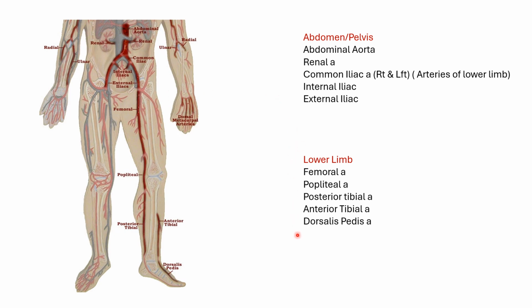Now in the lower limb, this is the femoral artery. And then when it reaches the popliteal region, this is the popliteal artery. Then we have the posterior tibial artery and the anterior tibial artery. On the dorsum of the foot, or the upper part of the foot, this is the dorsalis pedis artery.